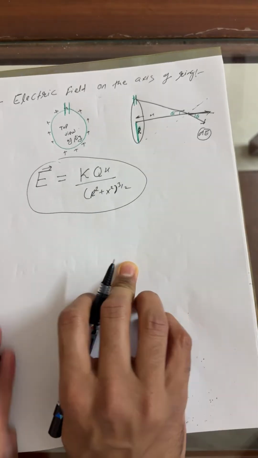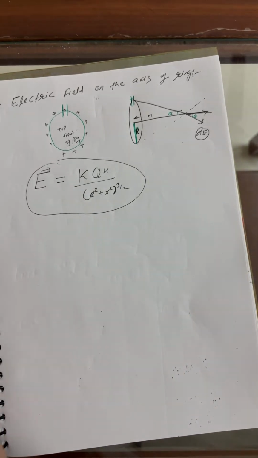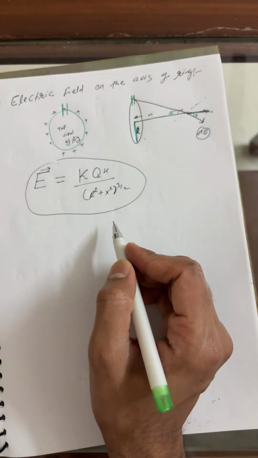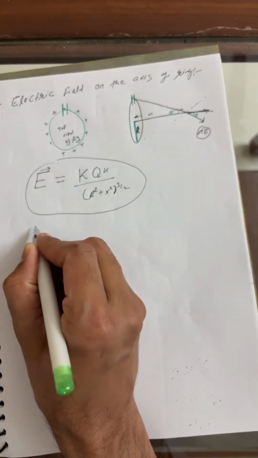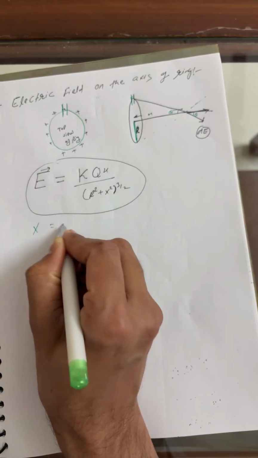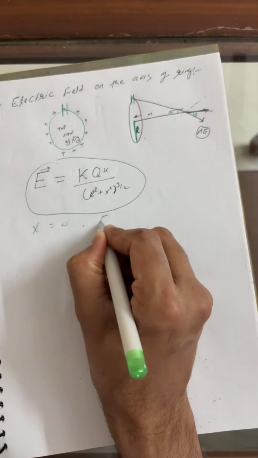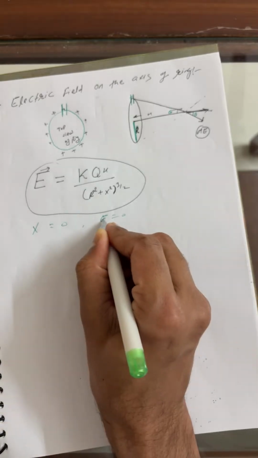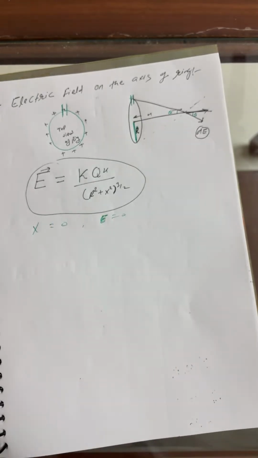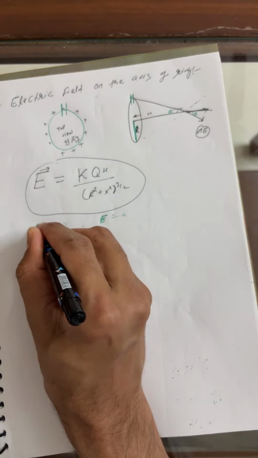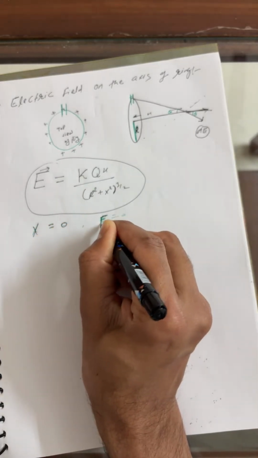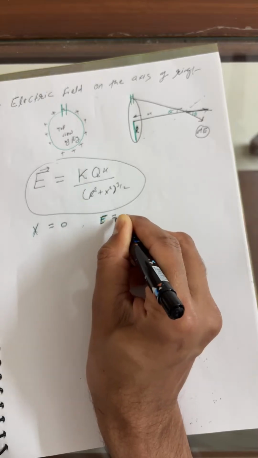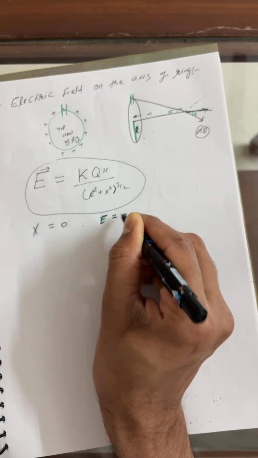Okay, got it? Now one thing I wanted to discuss is the mathematics. Suppose you put x equals 0. Then the electric field is 0.